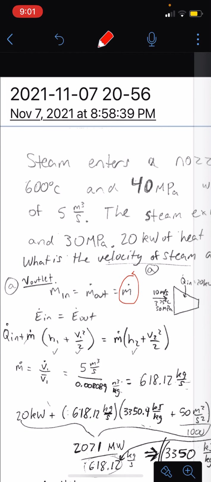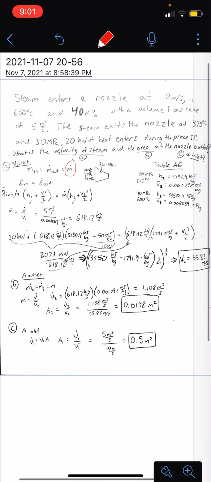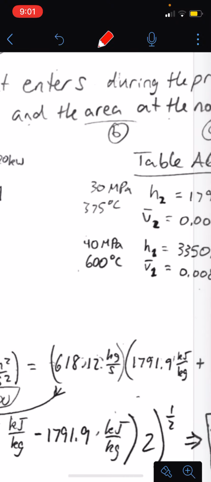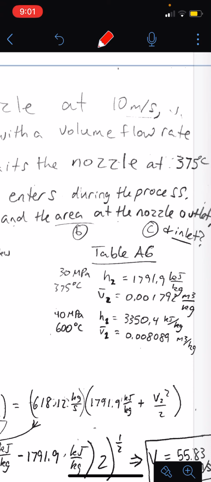So now checking off, we have from table A6, with the values that were given in the problem, and knowing that this is a superheated water vapor, at state 1 the specific volume is 0.008089 meters cubed per kilogram, and specific enthalpy is 3,350.4 kilojoules per kilogram.